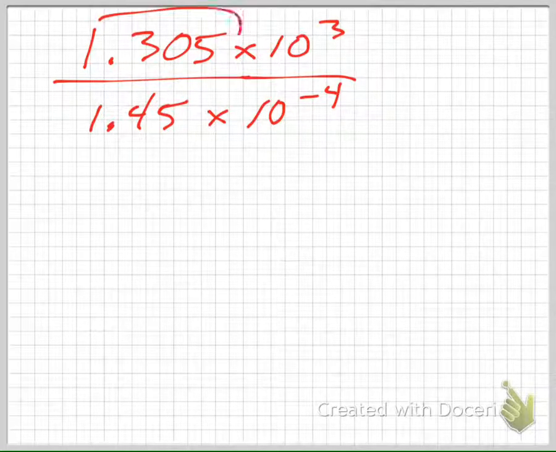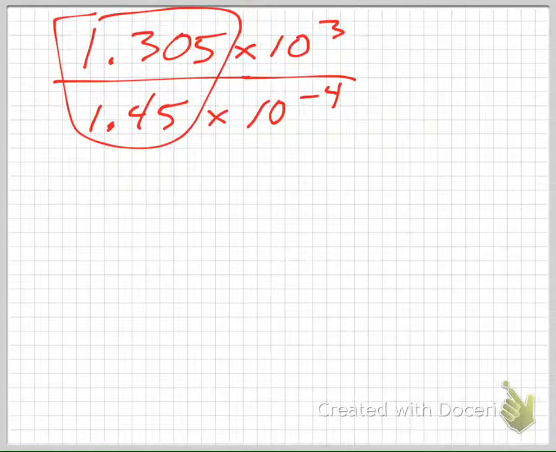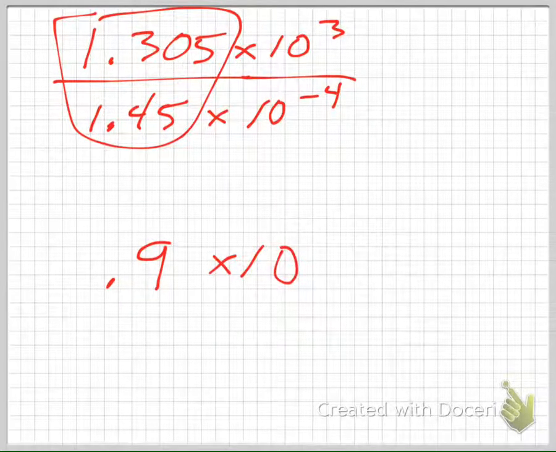First thing we do, what is 1.305 divided by 1.45? 0.9. And notice this, before I do anything else, I know that this is going to be written in scientific notation eventually, so what do I do now? What do I write down? Times 10 to the something.